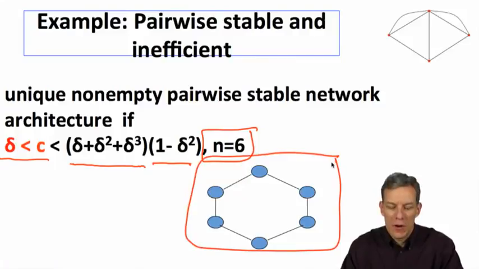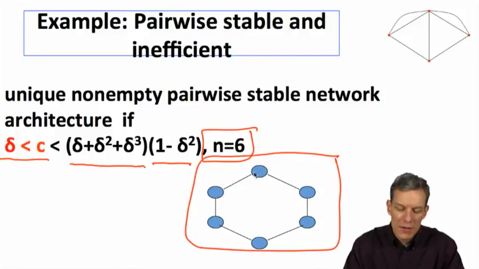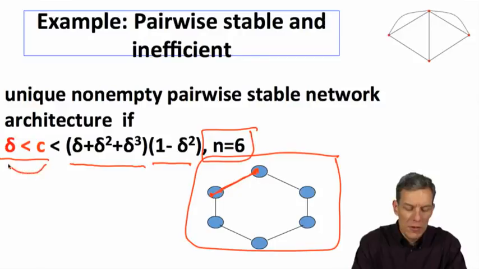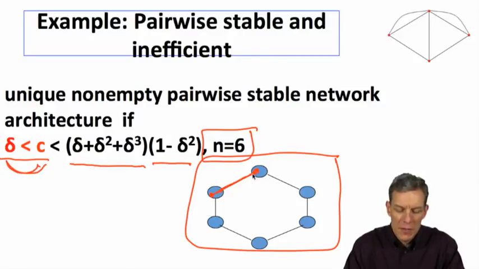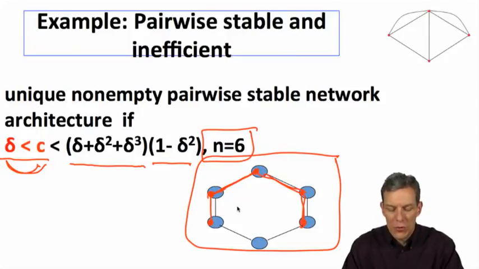So it doesn't look like a star, it actually looks like a ring or a circle, and the idea here is that each individual is willing to have these other relationships even though C is bigger than delta. So C is higher than delta, but that's because they get indirect benefits from having these. So by having these, they get indirect benefits as well, and that makes it worthwhile. And it all holds together.